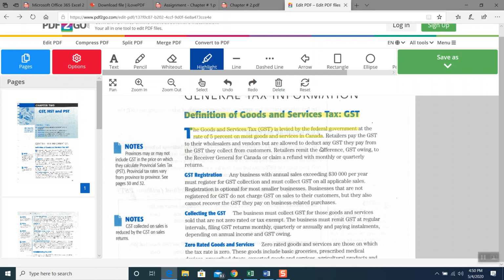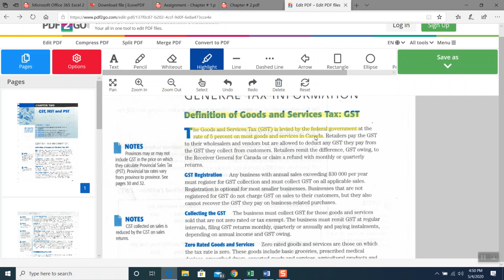It is imposed by the federal government, it is 5%, and it is across Canada. There is no province or territory where we do not have this tax. So GST is applicable in all our provinces and territories at a rate of 5%.